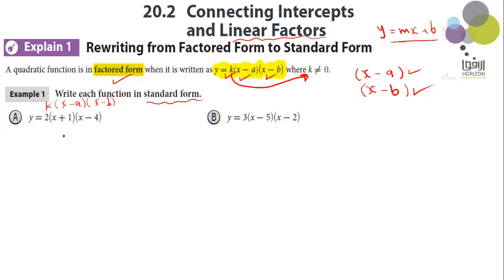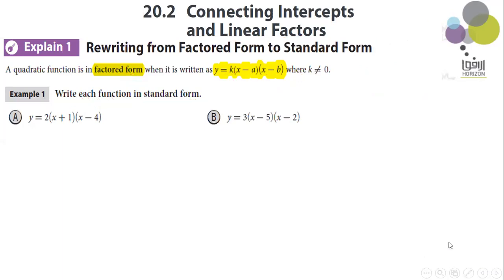First step, we have to recall how to multiply two binomials. Do you remember how to multiply two binomials? Yes, I will use FOIL to multiply. Look at this one.